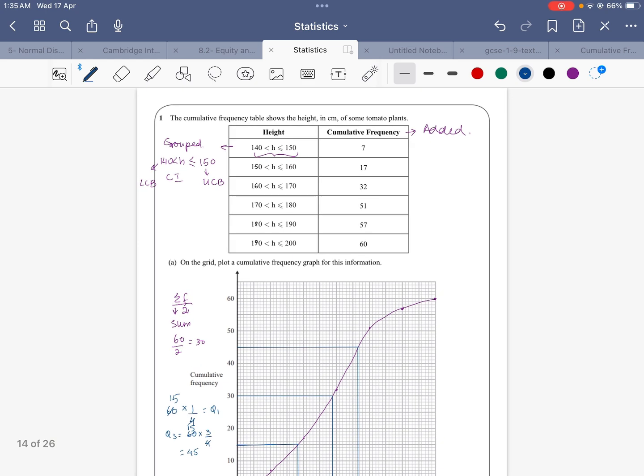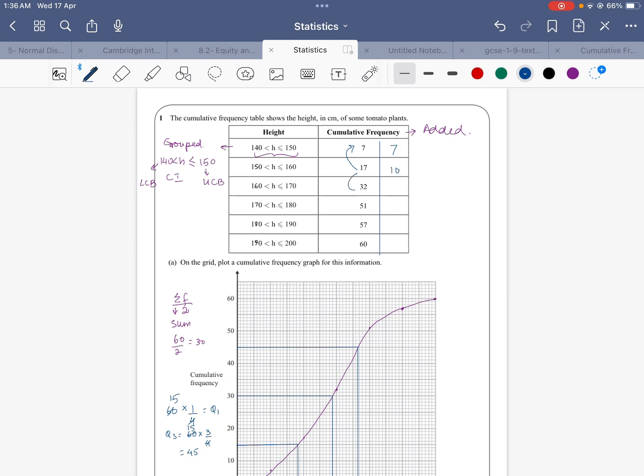Alright, okay. Now you need to learn how to prepare a frequency table using cumulative frequency. First, the cumulative frequency and normal frequency are the same. For the second one, you subtract the first cumulative frequency from the second. 17 minus 7 is 10.